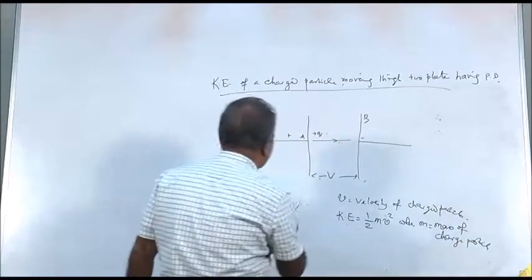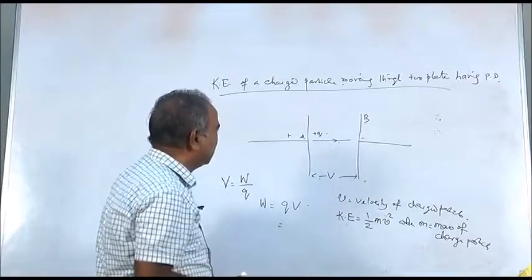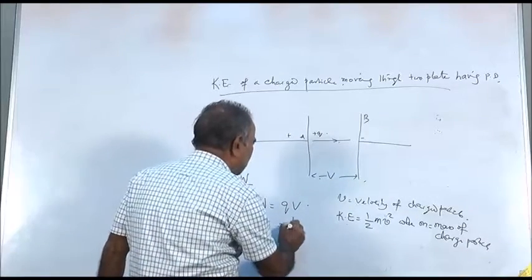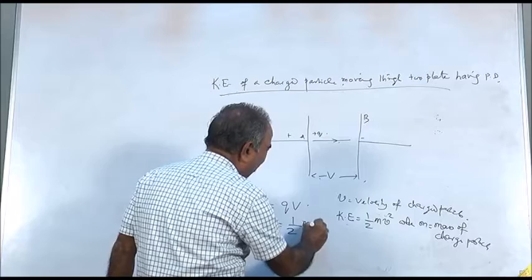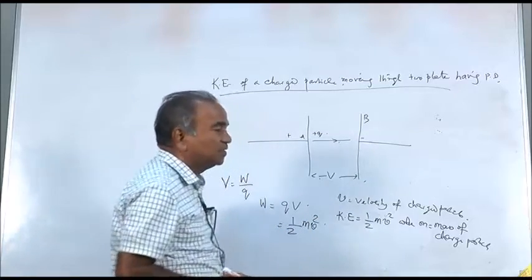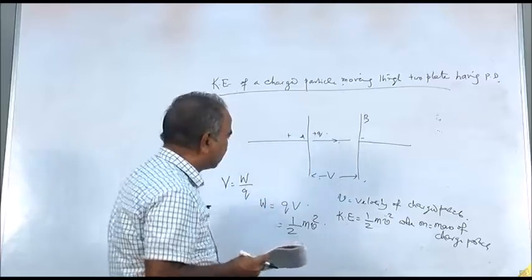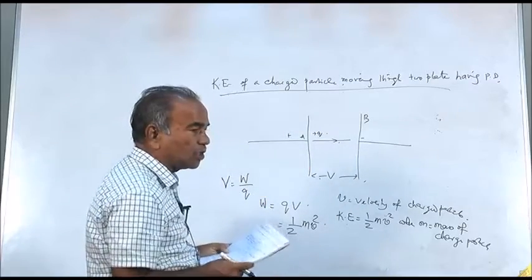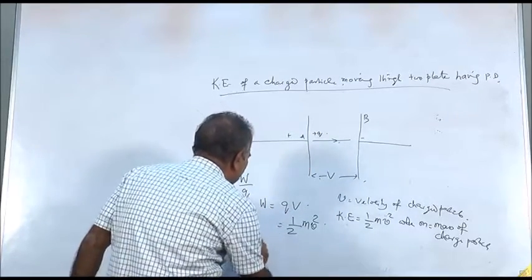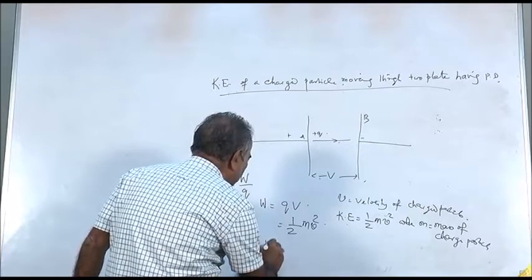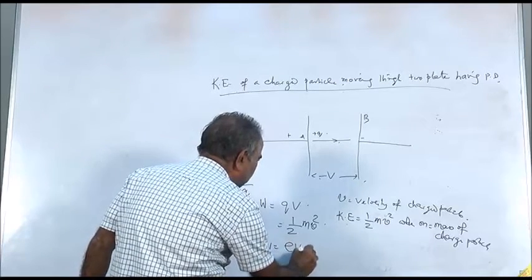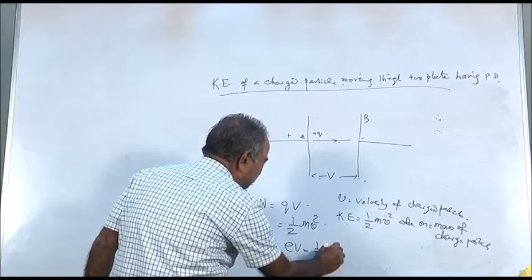So this work done, qV, is equal to the kinetic energy. If instead of a plus q charge the particle is an electron or a proton, then W will be equal to eV, which is equal to half m v square.